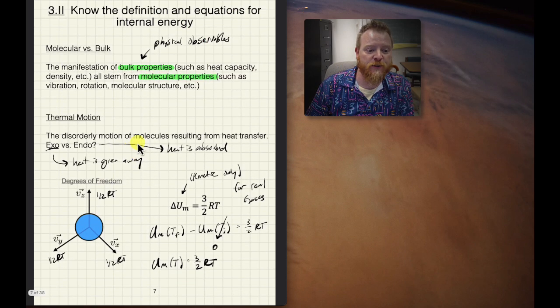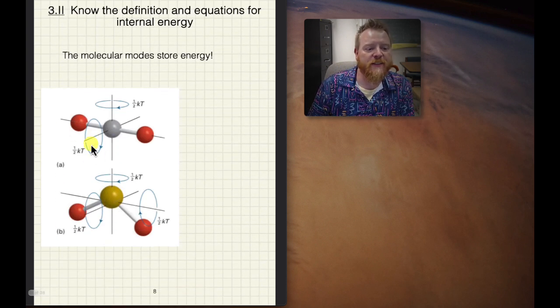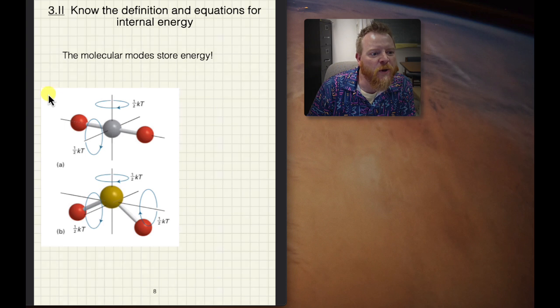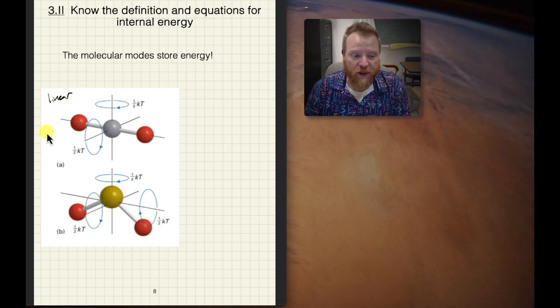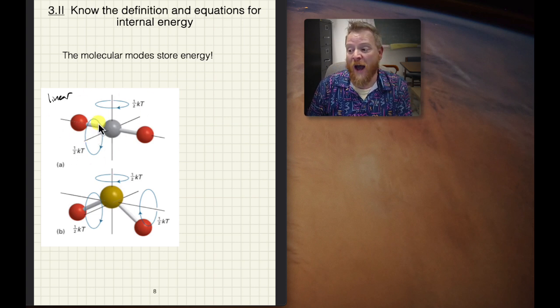So our first class here was just a regular old atom. Now here, this is an example of CO2. So this would be a representative linear molecule. And now we can see here there's 2 rotational degrees of freedom, right? It can rotate about the XY, or it can rotate about the YZ.